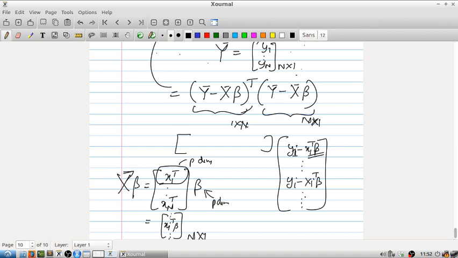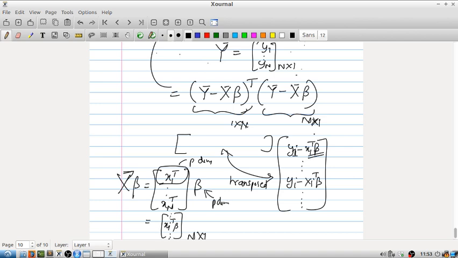Similarly elsewhere. And you can see the first term is just a transpose of that. The first vector, which is 1 cross n, is just a transpose of the n cross 1 vector.